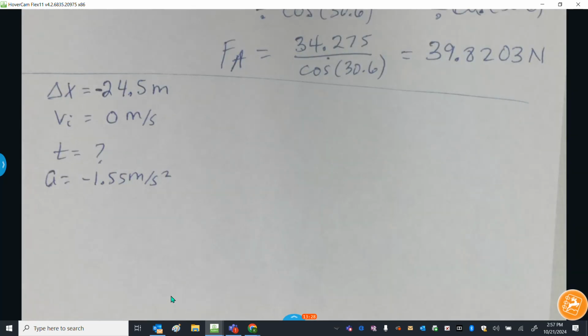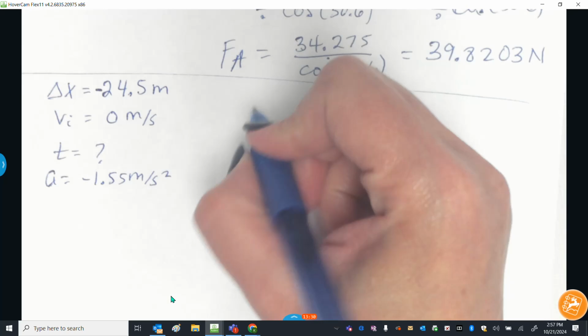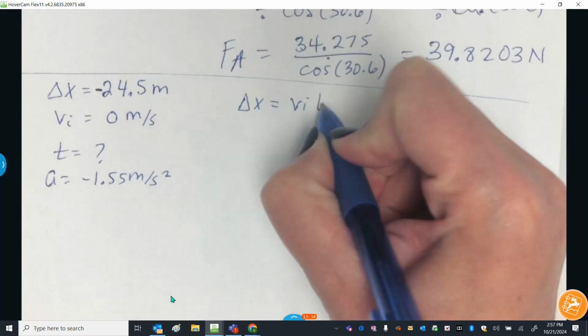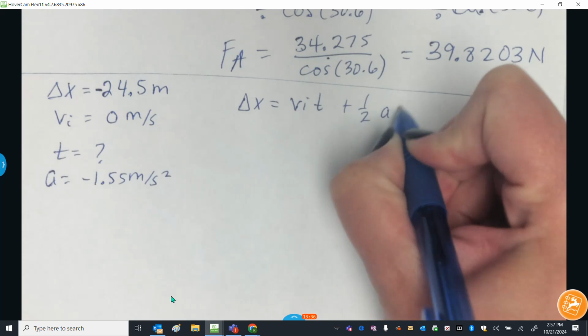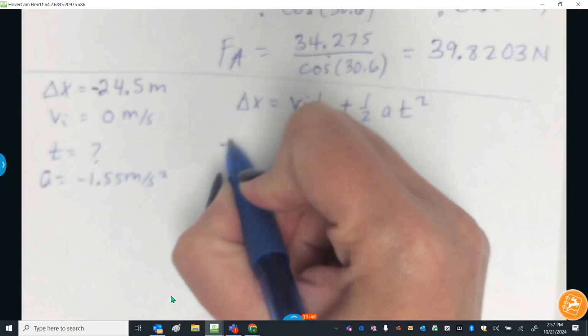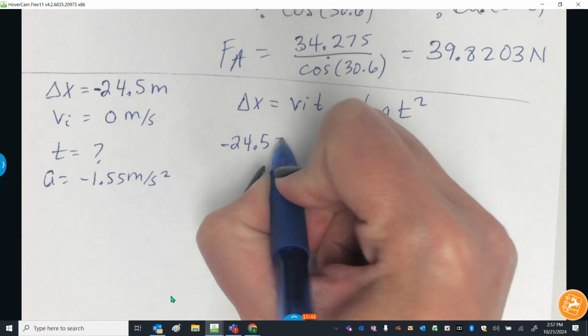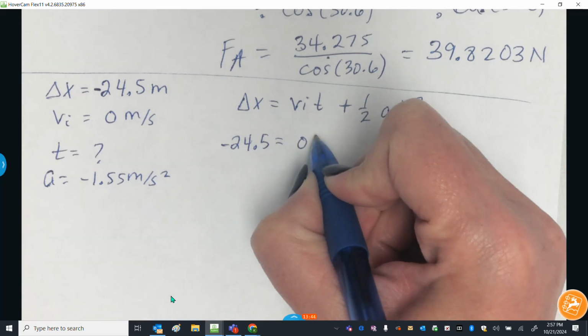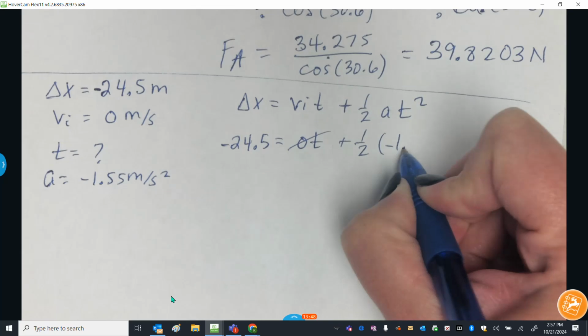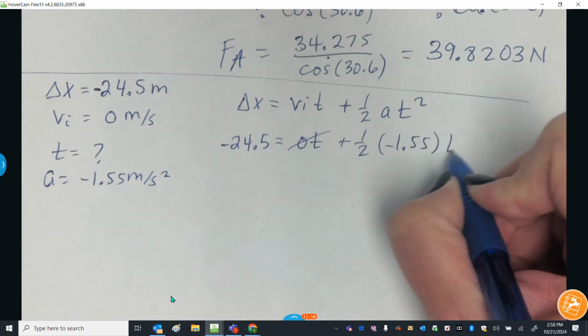All right, with the information we have, the kinematic equation that makes the most sense is this one, delta x equals v_i t plus 1/2 a t squared. And so if we substitute in, that's going to be negative 24.5 equals 0 t, that's going to go away, plus 1/2 times negative 1.55 times t squared.